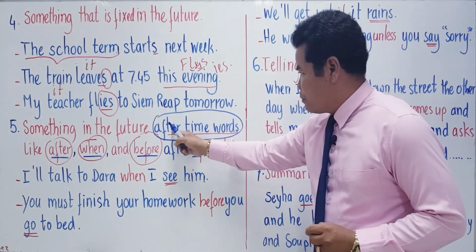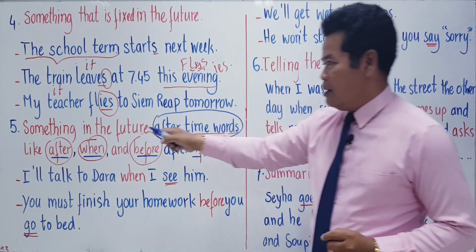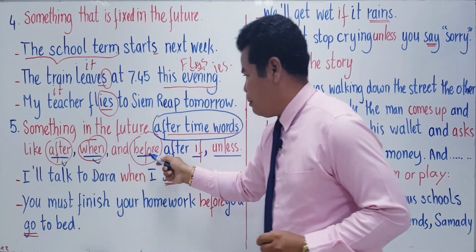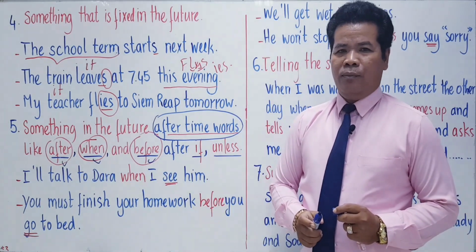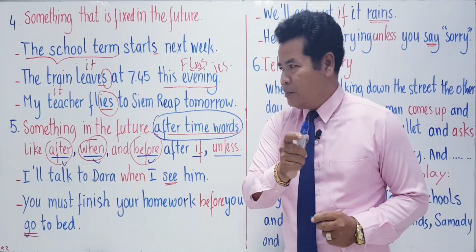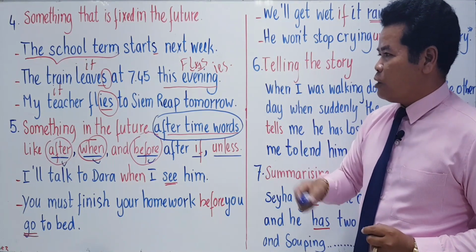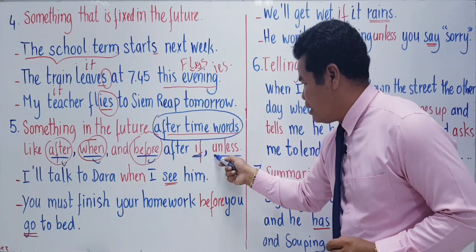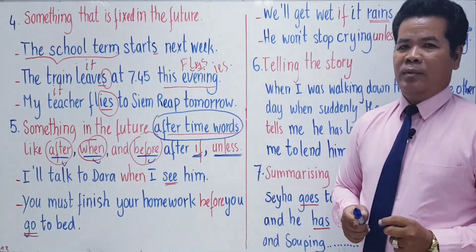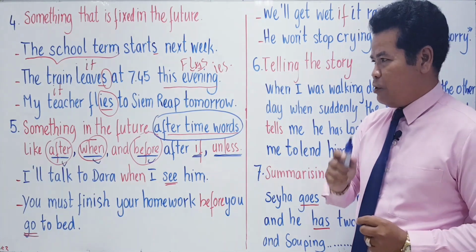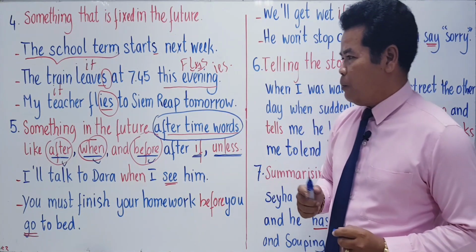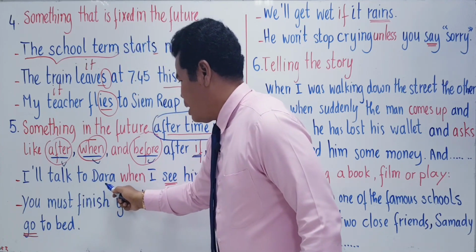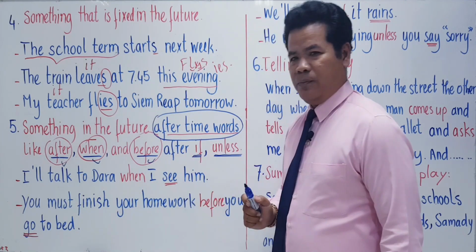One: after time words like after, when, and before. Another one, it is also used to talk about something in the future after if and unless. Okay, just remember and try to understand it. Now, here we go. I'll talk to Dada when I see him.